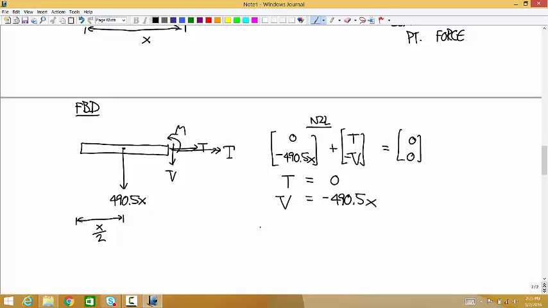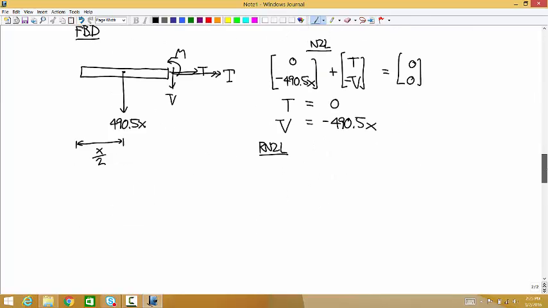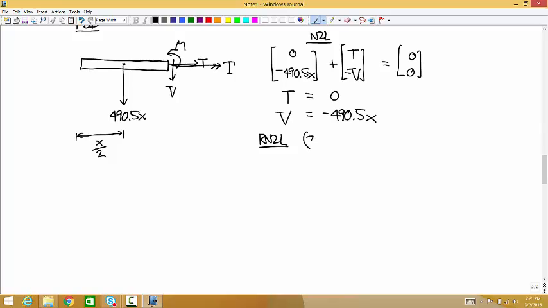And then go to the moment equation for z. And remember, our about point is at the left end. The moment arm for this 490.5x is x over 2.